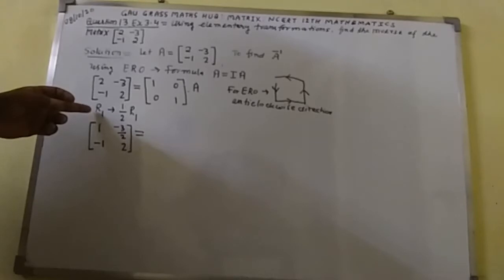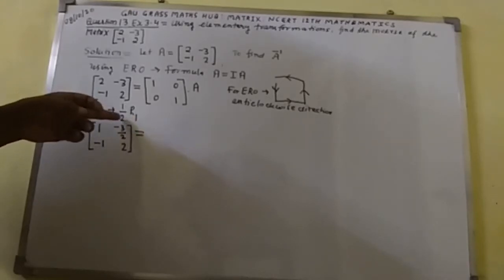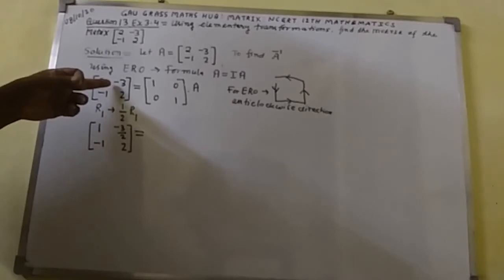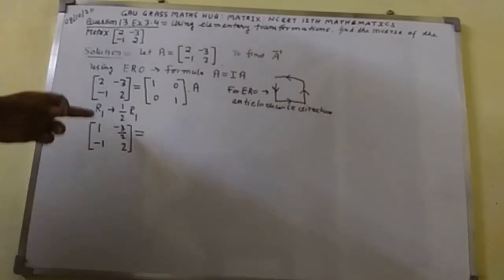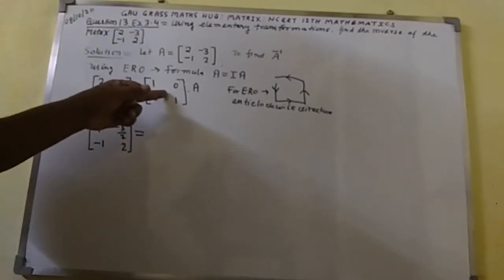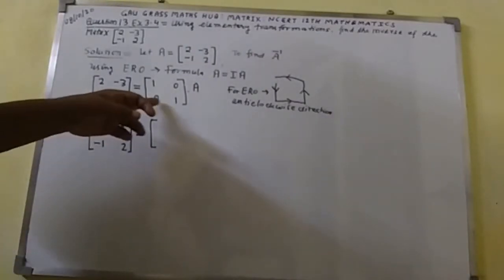This property R1 goes to 1 over 2 R1 I have applied in this matrix. The same property R1 goes to 1 over 2 R1 will be applied in this matrix also. So let us see what happened. There will be no change in the elements of R2 here.